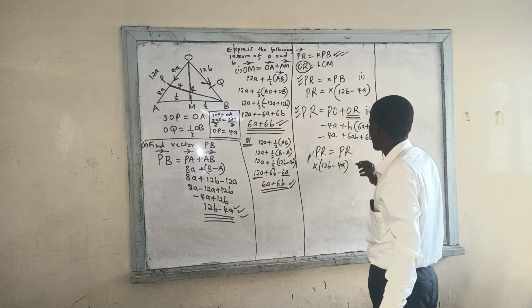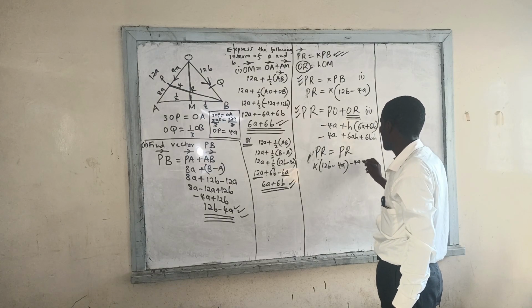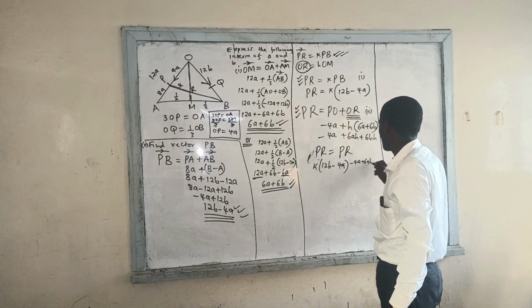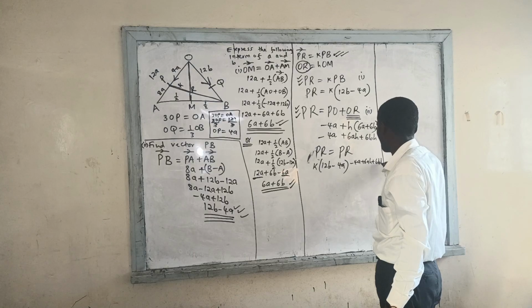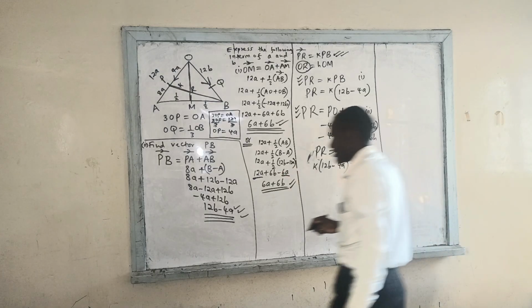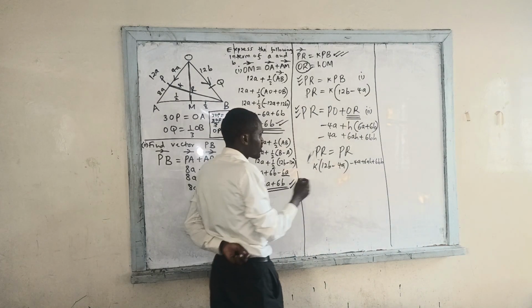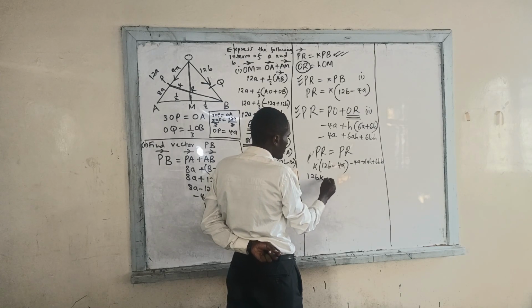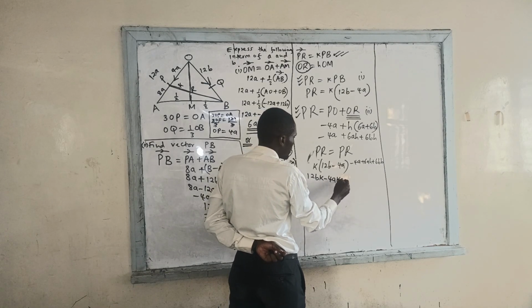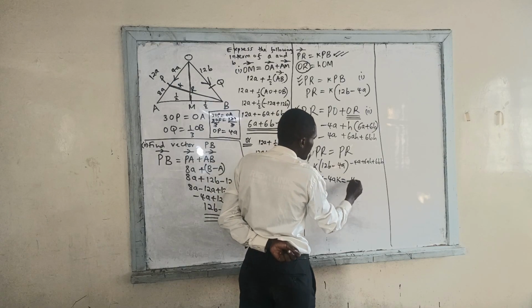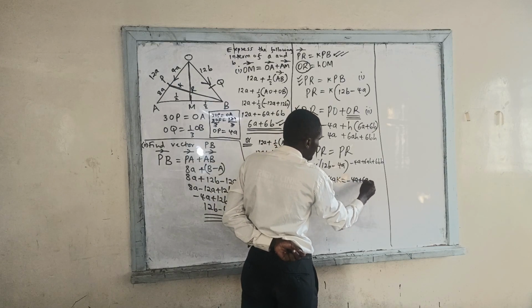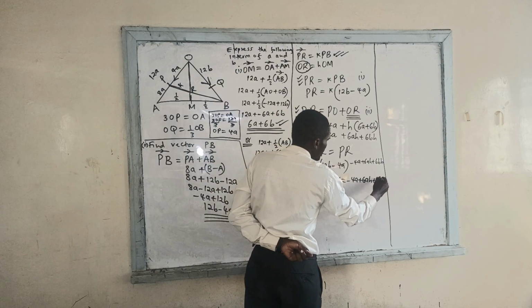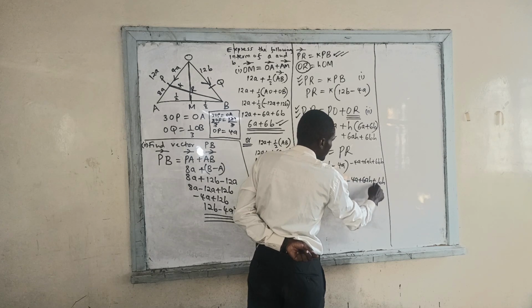The second PR is minus 4A plus 6AH plus 6BH. Fine. So you proceed and open the brackets: 12BK minus 4AK should be equal to minus 4A plus 6AH plus 6BH.